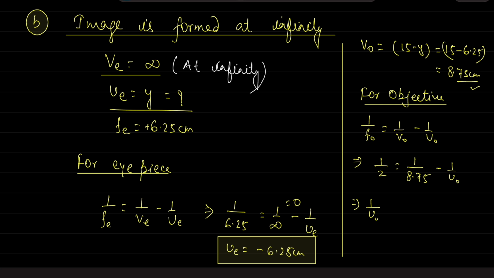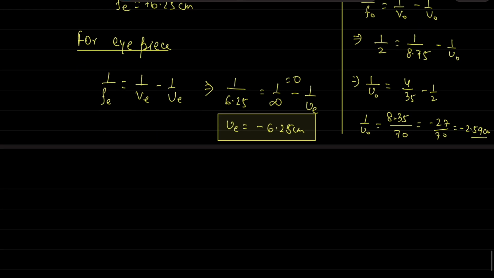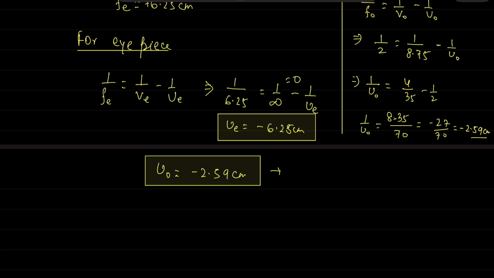So 1 by UO is equal to, we can write 1 by 8.75 as 4 by 35, minus 1 by 2. So 1 by UO is equal to, taking LCM 70, 8 minus 35, equal to minus 27 by 70. And this is approximately minus 2.59 centimeter. So here UO is equal to minus 2.59 centimeter.